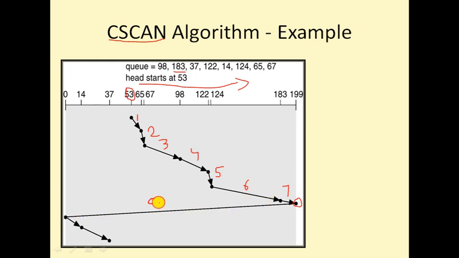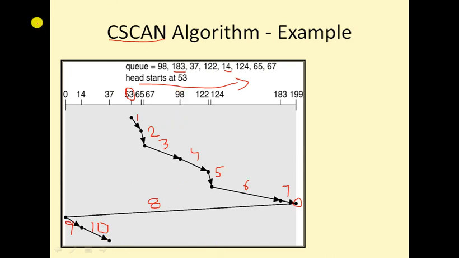This is the 8th move, but the 8th move doesn't take any request. Again from 0, there is track number 14 available in the disk, so this is the 9th move of the head. From 14 to 37 is the 10th move. This is the last track number available in the queue, so the head stops here.